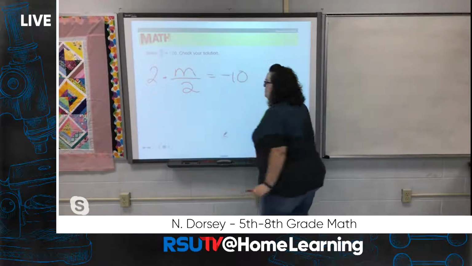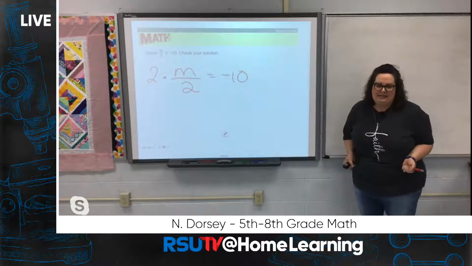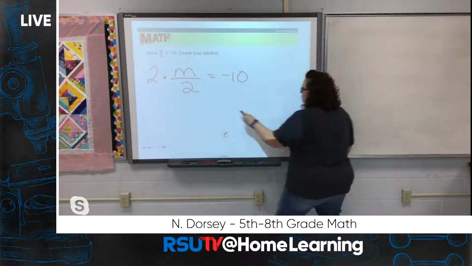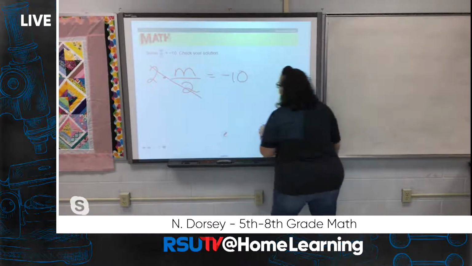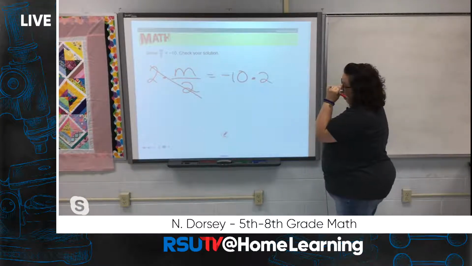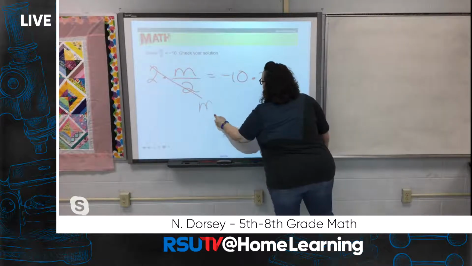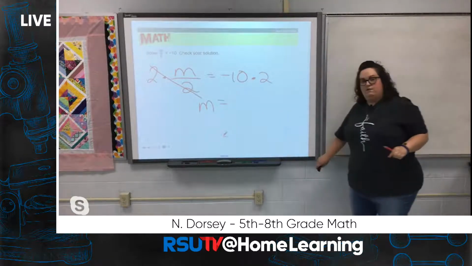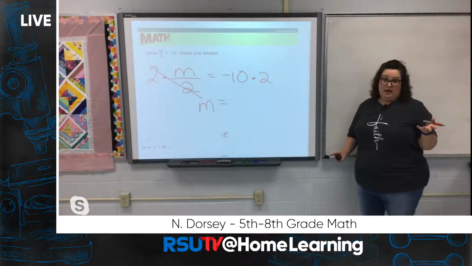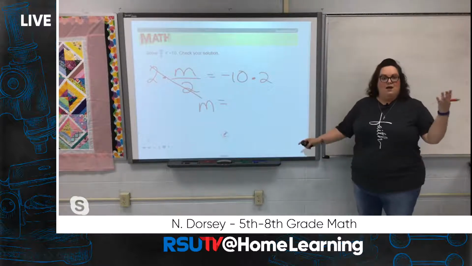Don't forget to use the dot for your multiplication symbol. Do not use the X. I know it's a hard habit to get out of, but you've got to do it. So that's going to cross out. And now I've got room to do what I normally do over here because I don't have a funny joke. So now we've got m equals, and think of your integer rules with multiplication and division because they're the same. -10 times 2 is -20.